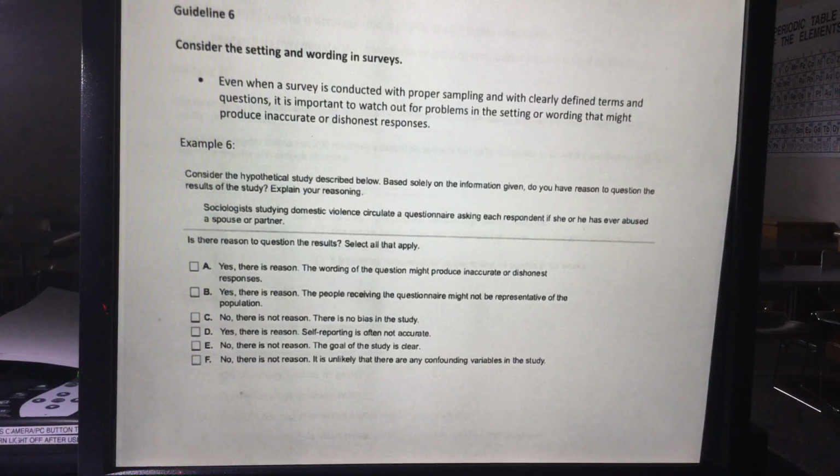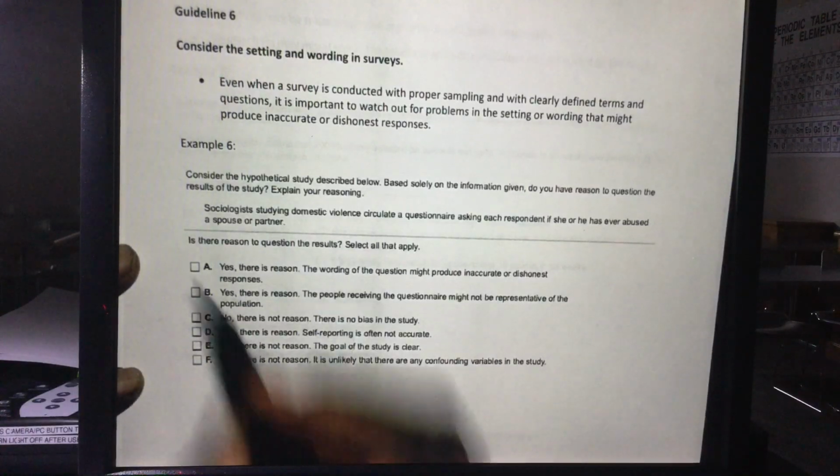Here, sociologists studying domestic violence circulate a questionnaire asking each respondent if she or he has ever abused a spouse or partner. In this case, there are reasons to question this particular survey.